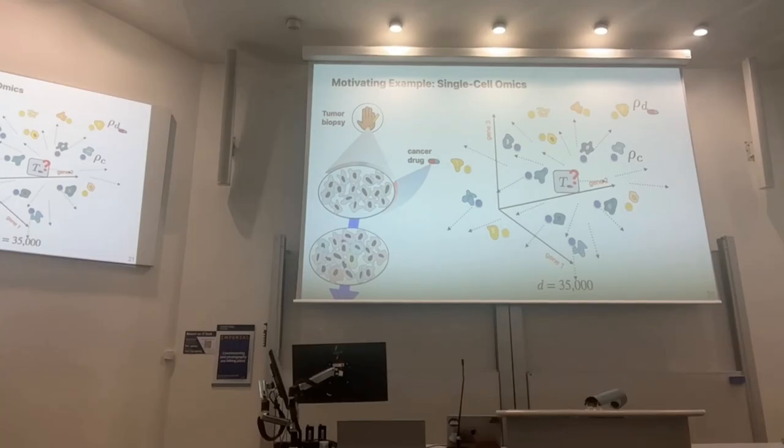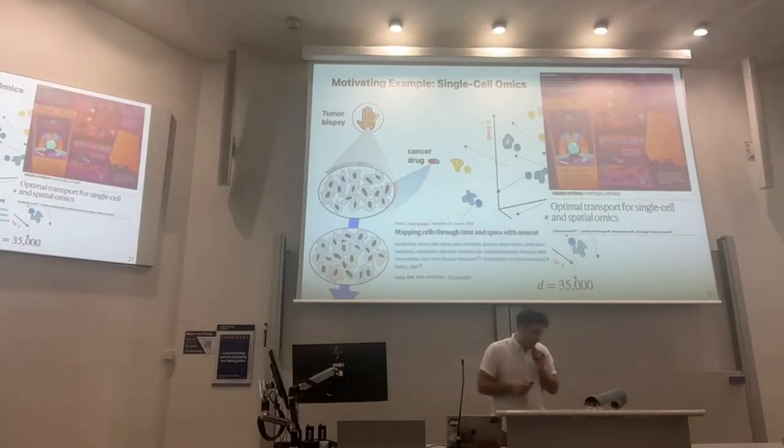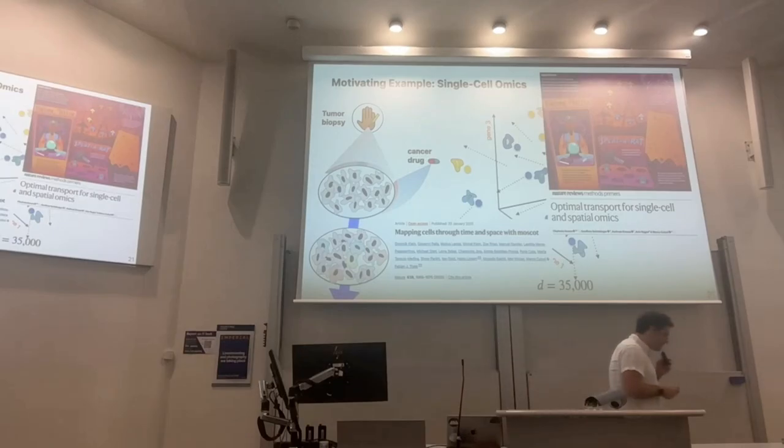I won't have to do this before and after experiment again. I'm just going to predict what happens to the cells of this patient if it was given this treatment. Of course, we're still far from having this working very well, but there's been a lot of progress in this area.